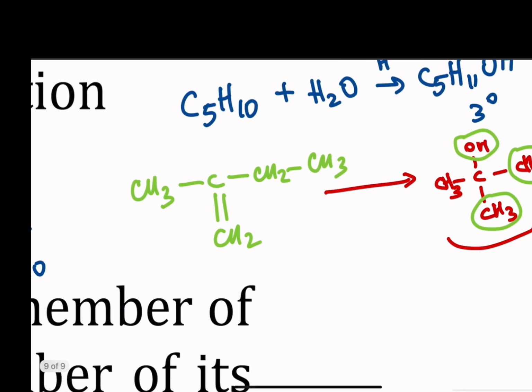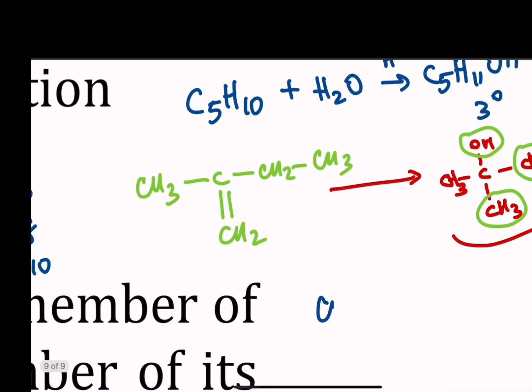Now the other version is if you go and remove it from the other carbon, which I will draw you right here. And you have CH3, C double bond CH, and CH3, CH3.